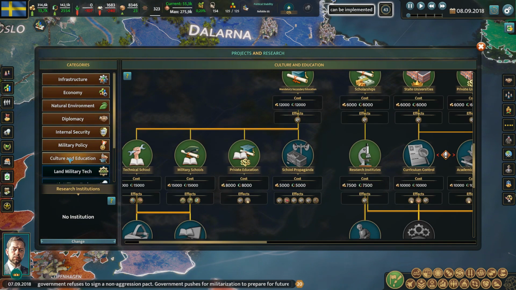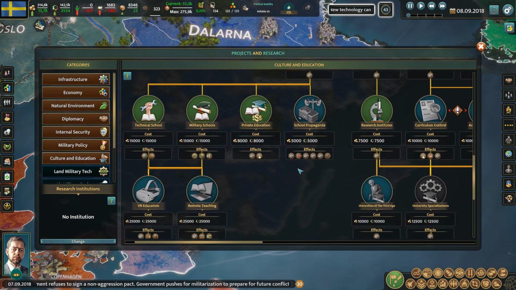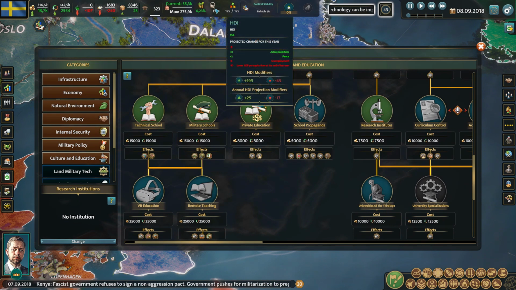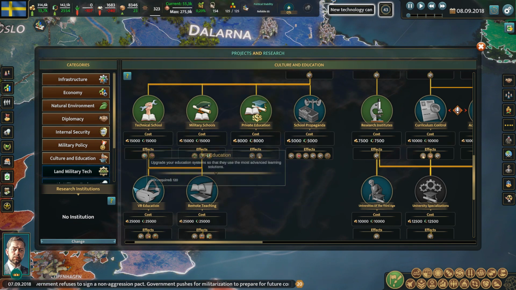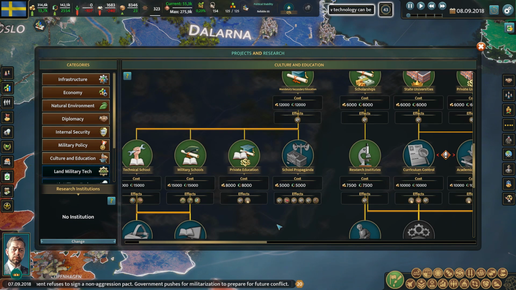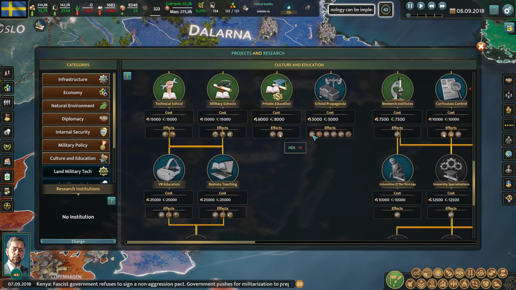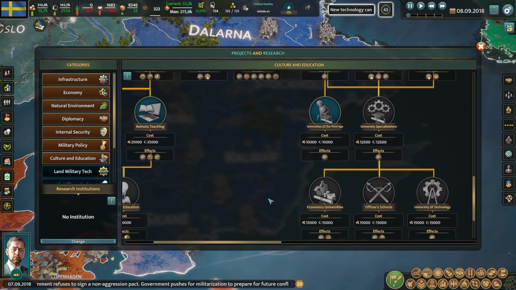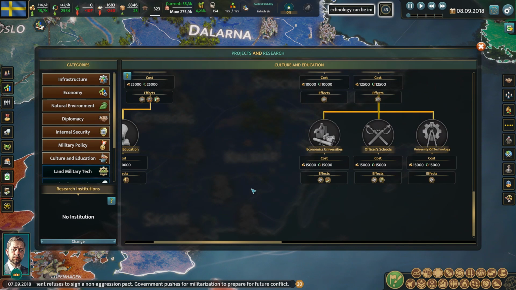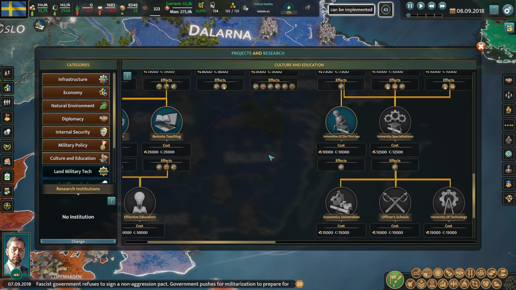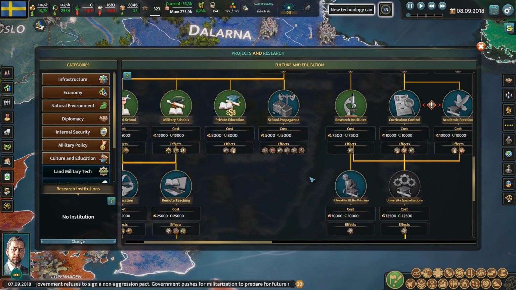On the other hand, projects are something that will always force you to balance your HDI, Human Development Index, especially in terms of culture and education. You have most of the significant ones that bring more HDI, and as you grow, there are higher and higher requirements upon said projects to unlock.